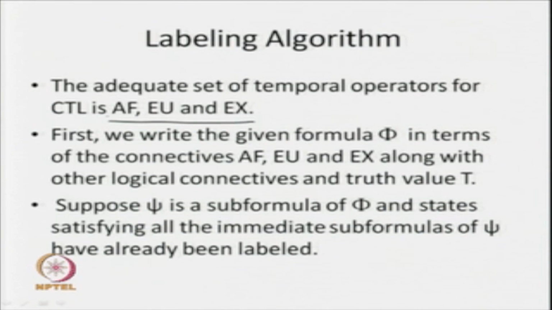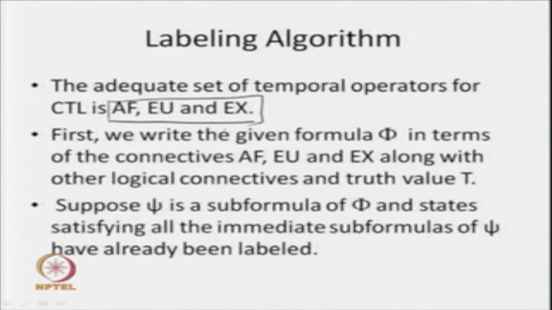That means, in all paths in future, there exists a path with until, and there exists a path next step. Since this is the adequate set of operators, we are going to look for the method for these 3 operators, and once I get the method for them, the others can be expressed with the help of these 3 operators.